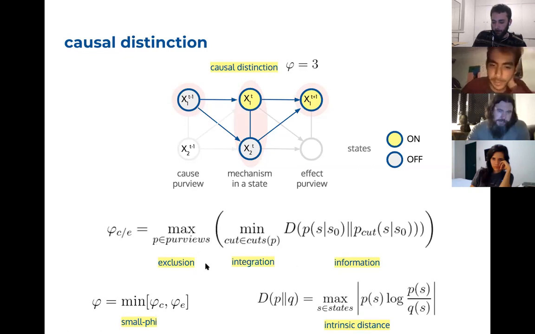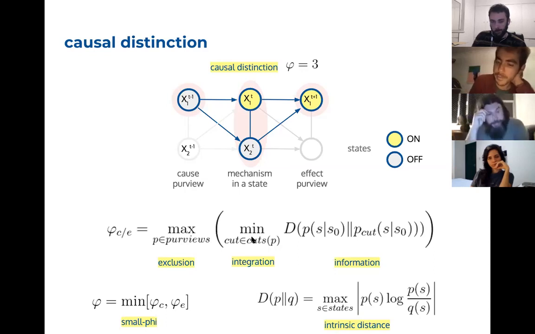So the full formula would go something like: it's a distance between the cause repertoire or the effect repertoire and its cut version, not unconstrained version, but cut version. And which cut? The cut that minimizes this difference. So it's the minimum information partition, the cut that makes the least difference for a certain mechanism.